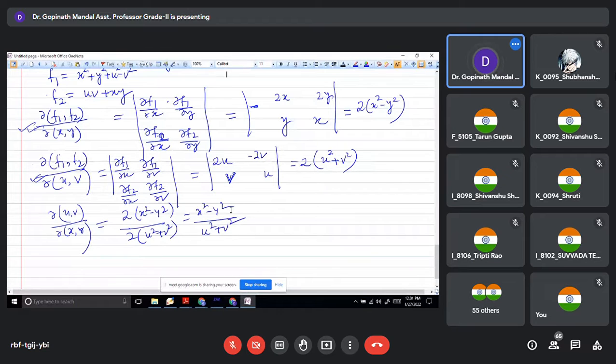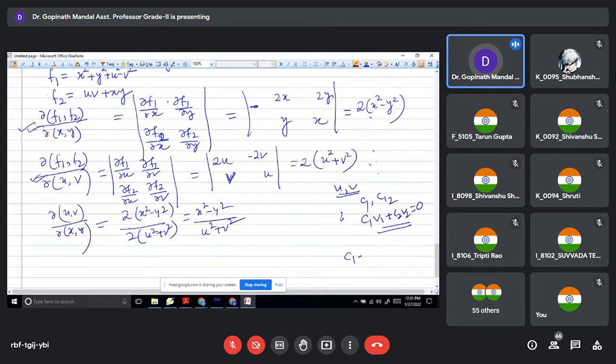If U and V are independent, what is the formula of independence? There exist constants C1 and C2. If U and V are dependent, that means there exist constants C1 and C2 such that C1 U plus C2 V is equal to 0.